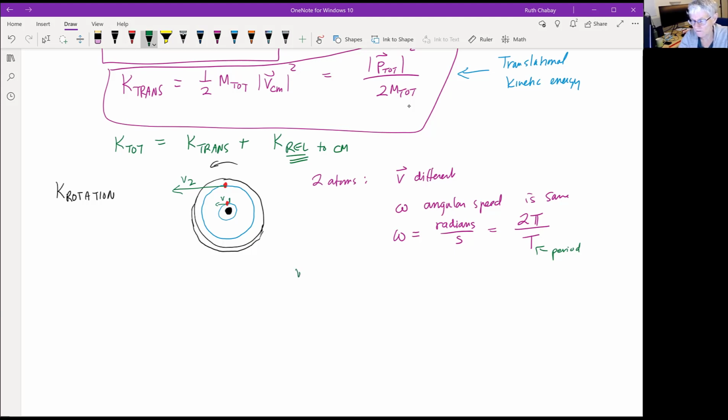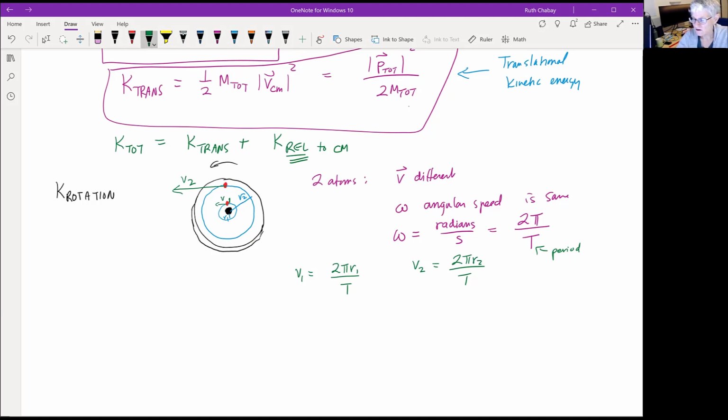For atom 1, V1 is equal to the distance it travels, 2 pi r1, divided by the period of rotation. And the speed of atom 2 is equal to 2 pi r2 over the period, where that's r2 and that's r1.